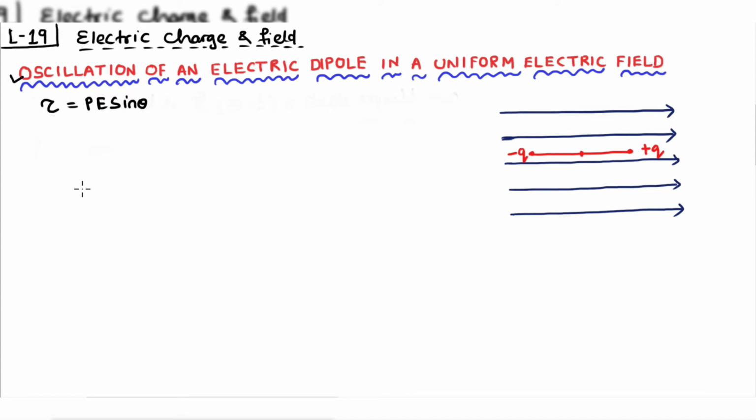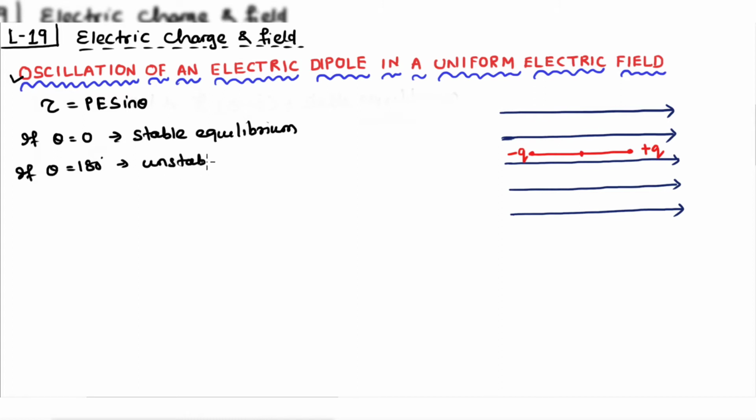And we had also discussed that if theta is equal to 0, meaning the angle between dipole moment and the electric field is 0, then this position is known as the stable equilibrium position. And if theta is equal to 180 degrees, meaning the dipole moment is opposite to the electric field, then that position is known as the unstable equilibrium position.